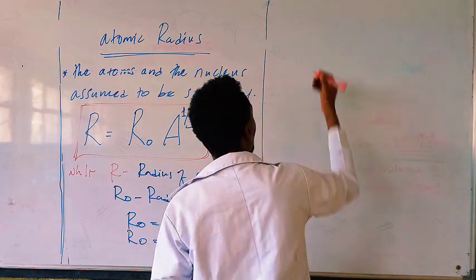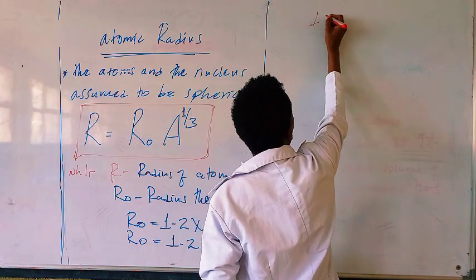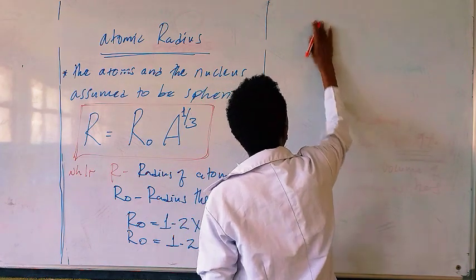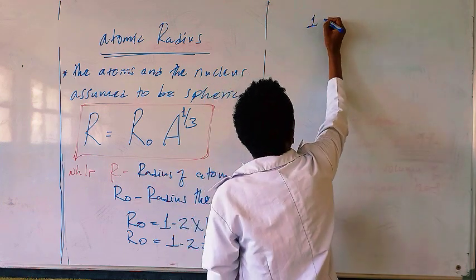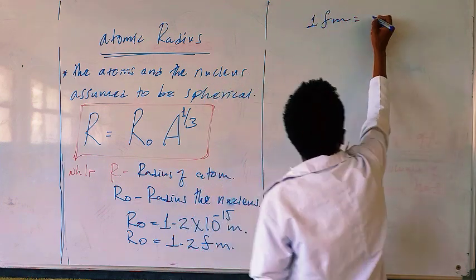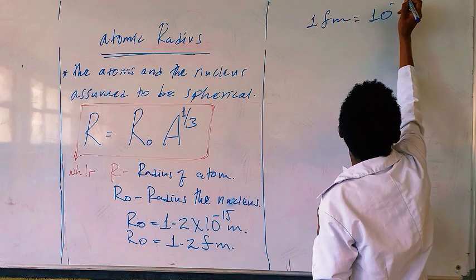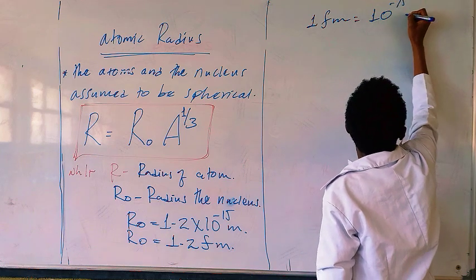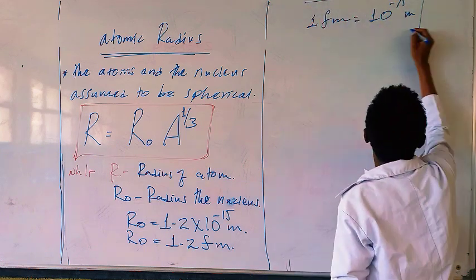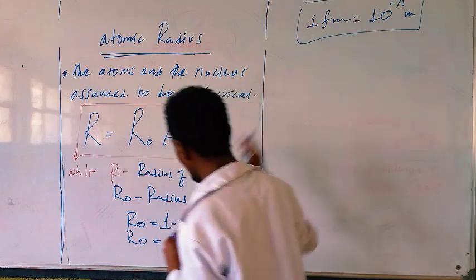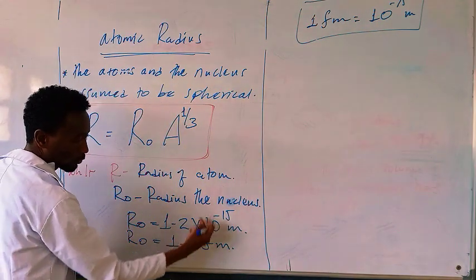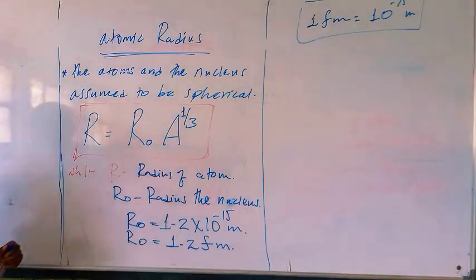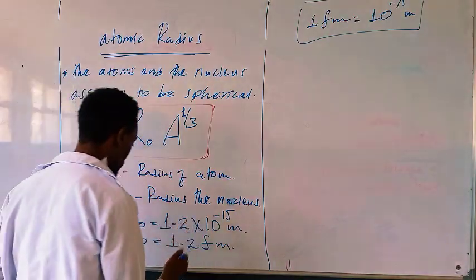Here, 1 femtometer is equal to 10 to the power of minus 15 meter. So you must have this relation.